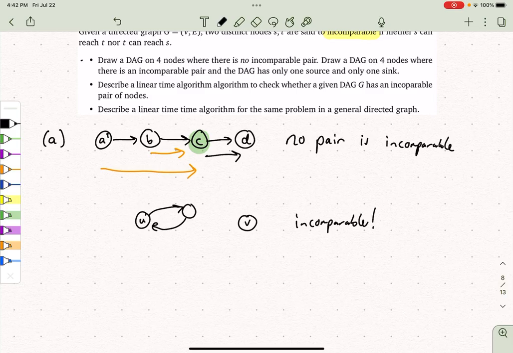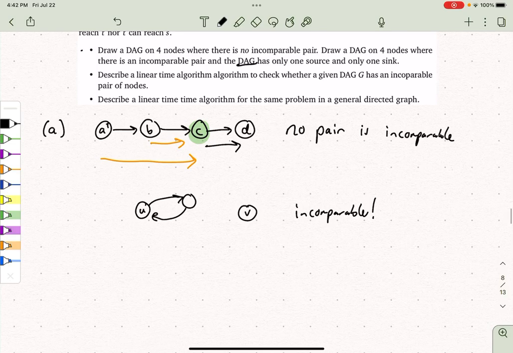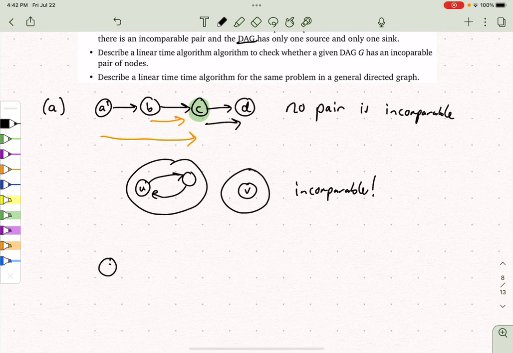But something like that's usually pretty rare, so we're asked to actually find a DAG that has exactly one source and exactly one sink with this property. So here, node V is a source and a sink, but this is not a DAG because there's a cycle on the left component. So if we want to make it a DAG, let's try something else.